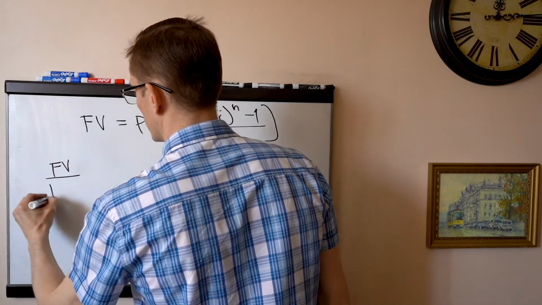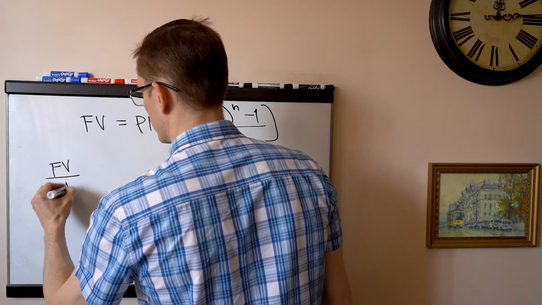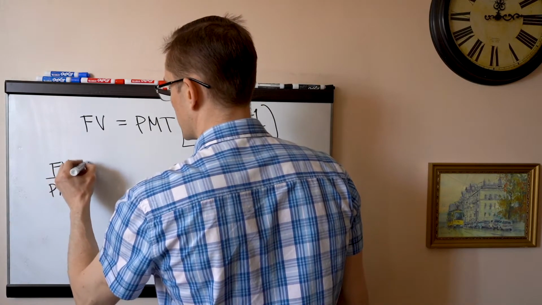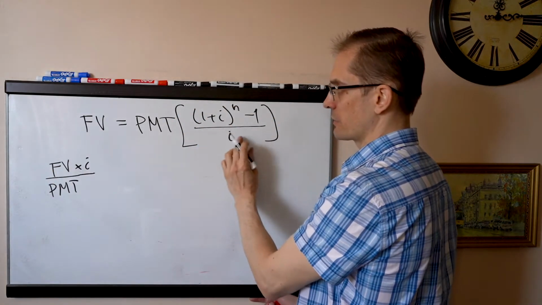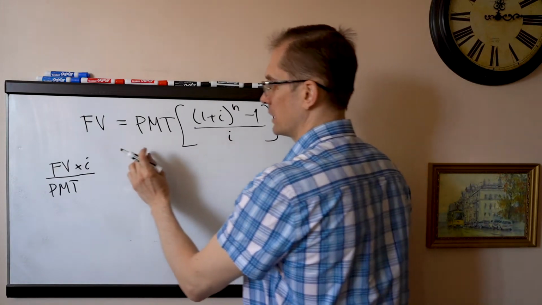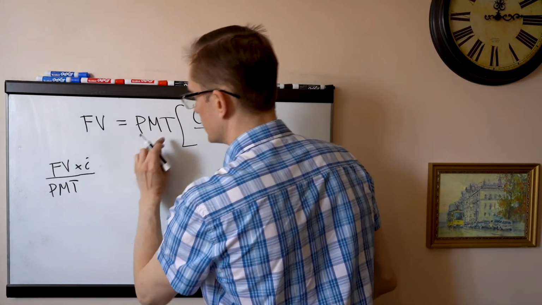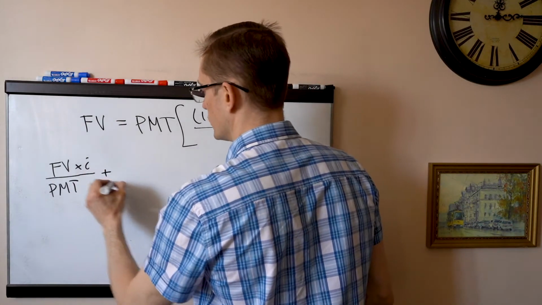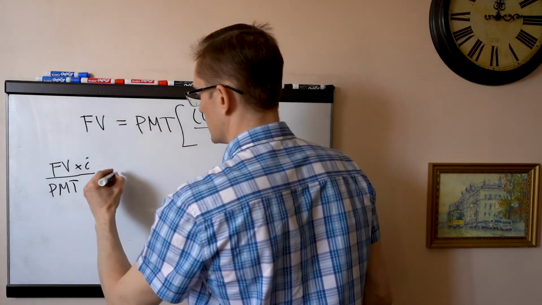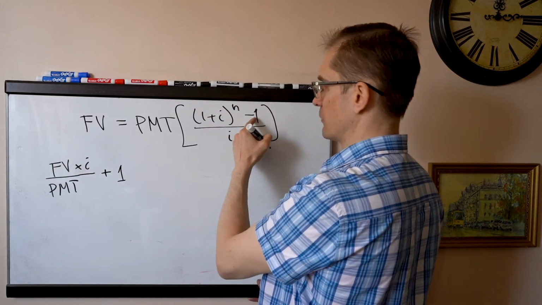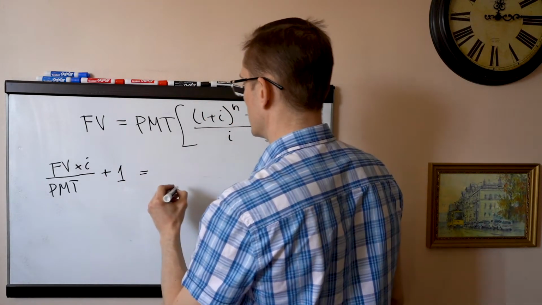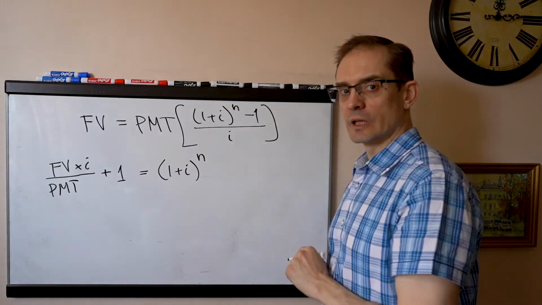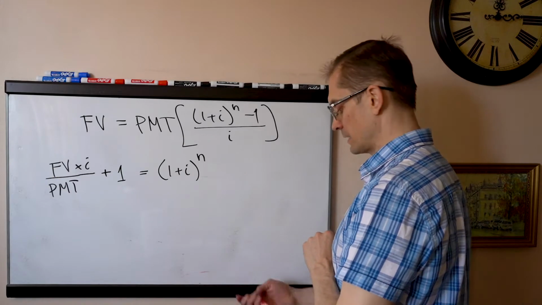Future value is divided by PMT. Then you multiply that by i, just because there is division by i here. So first you divide by PMT, then you multiply by i, right? Then you move this 1 to the left side, so it's minus 1 here, it will become plus 1 there. So it will be (1 plus i) to the n, okay? So after some algebra, you will achieve this.